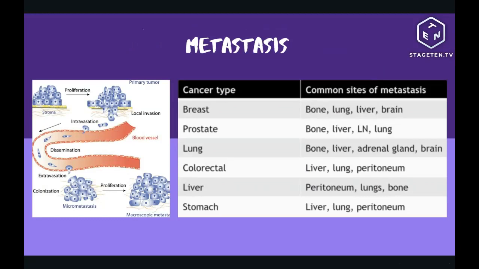Circulating tumor cells must survive circulation until they extravasate into a secondary site. Once there is a disseminated tumor cell, they can either grow into a metastatic tumor or go dormant.